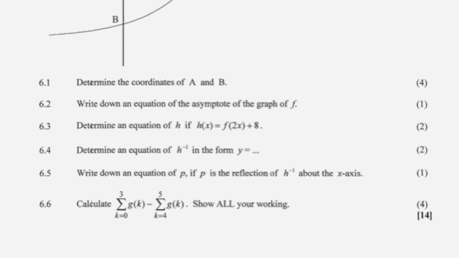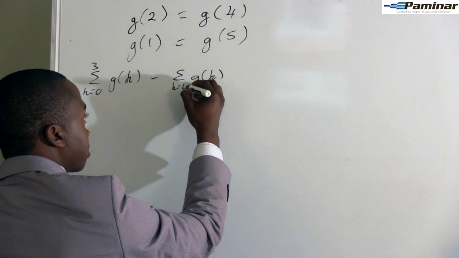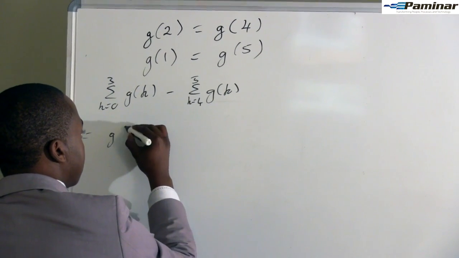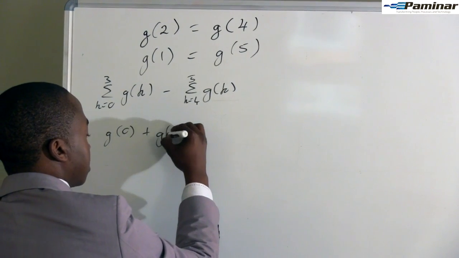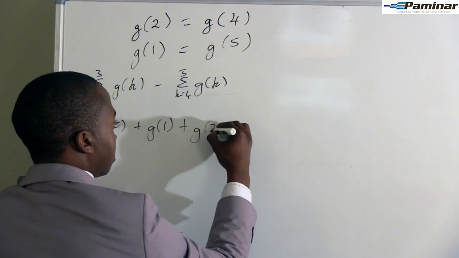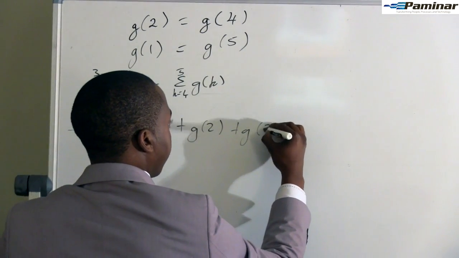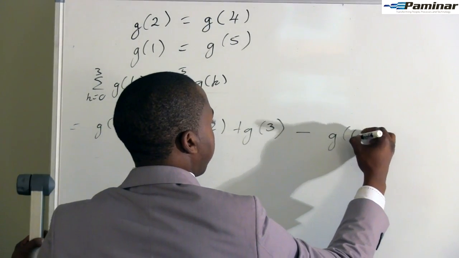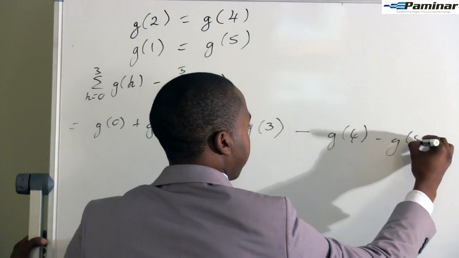Our equation, if I just rewrite it, was summation of g of k from k equals 0 to 3, minus summation of g of k from k equals 4 up to 5. This was g0 plus g1 plus g2 plus g3 minus g of 4 minus g of 5.